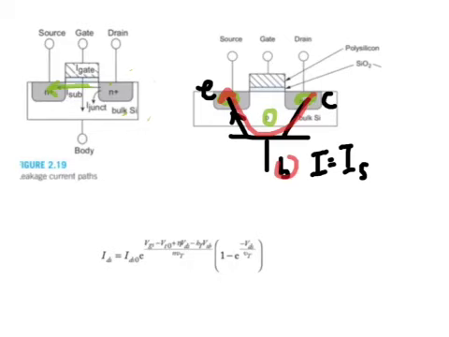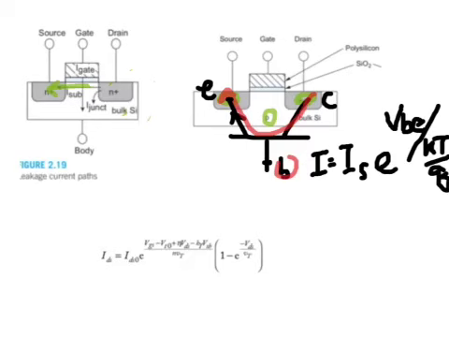current. This can be measured by reverse biasing, and the current is actually exponentially related to the VBE voltage, the base to emitter voltage, divided by KT over Q. So similarly here in the NPN transistor, we can model the subthreshold leakage current by mapping VBE as the voltage from the bulk to source.